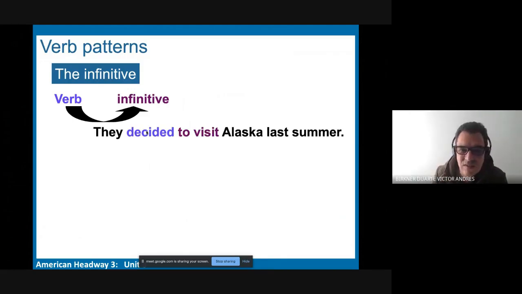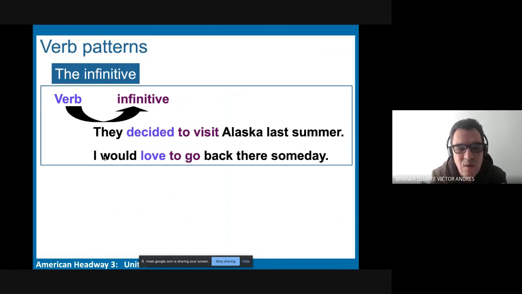Let's see this example. They decided to visit Alaska last summer. If you pay close attention, you will see that first of all we need a subject, that is they. Then we need the verb, that is in this case decided. After that, we need the infinitive to, and continue with the verb visit Alaska last summer, right?